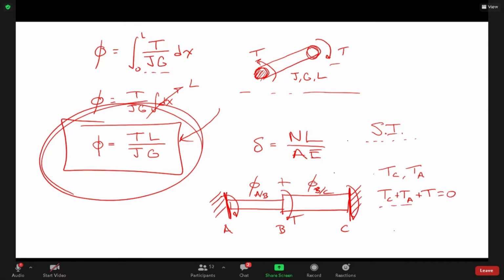The equation I'm going to use is that the angle of twist of A relative to C, which equals the angle of twist of A relative to B, plus the angle of twist of B relative to C, has to equal 0. And that'll give me another equation that'll allow me to solve this torsional statically indeterminate problem, the exact same way we did it with the axial, okay?